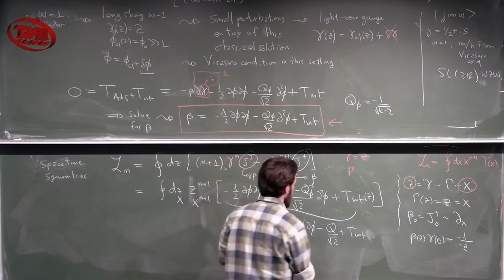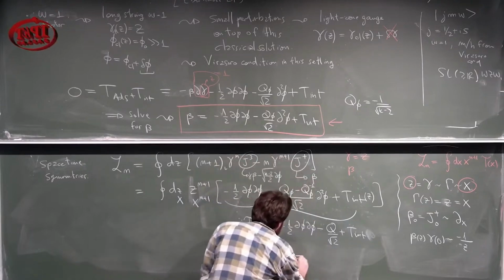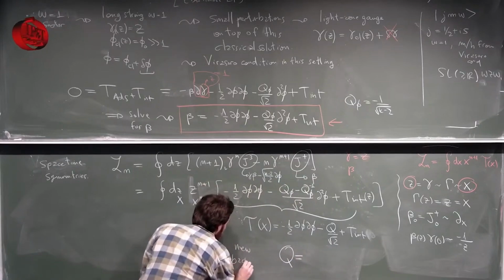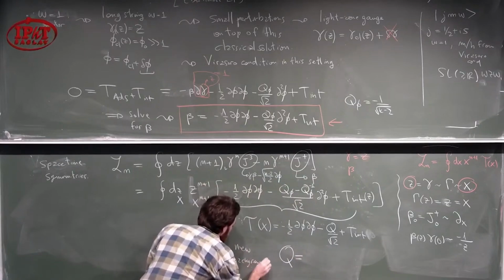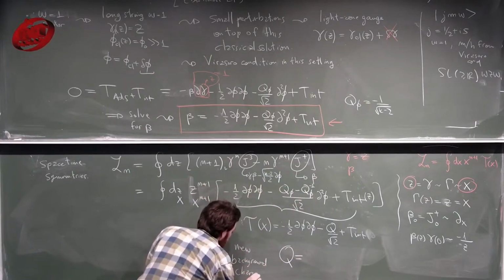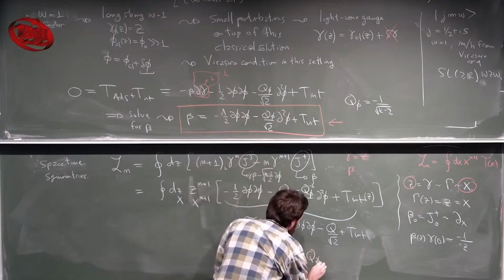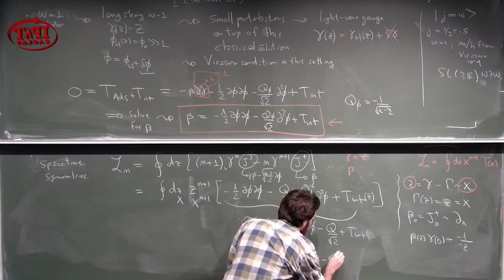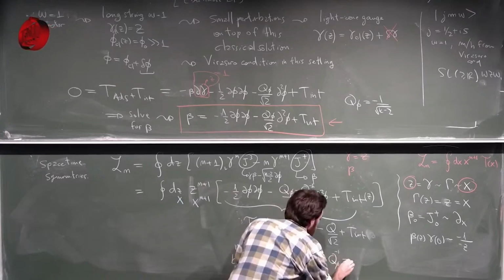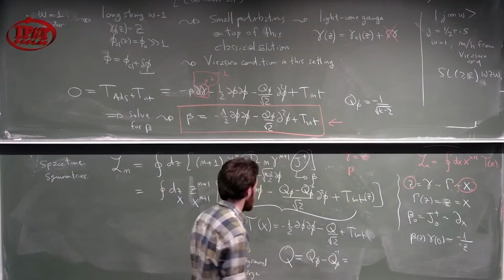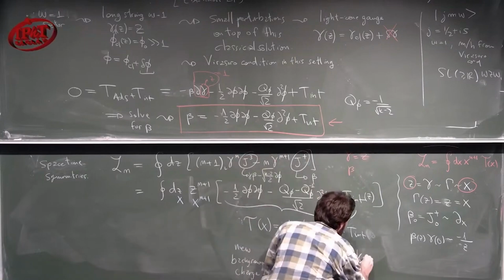We ended up with Q. So this is a new background charge, which looks like Q pi minus 1 over Q pi, which if you use the formula I wrote here, and you just do the computation, you get this.